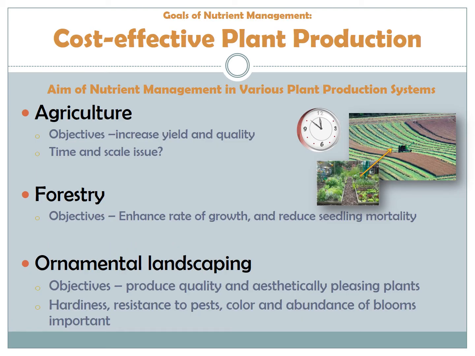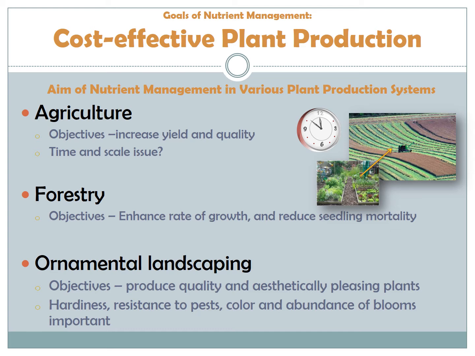So the first goal, the cost-effective plant production, ultimately the aim here in agriculture specifically is to increase yield and quality. However, this is going to change depending on how much time you have to put into your operation, as well as how big the operation is or how small it is. So it really depends on the actual system itself.